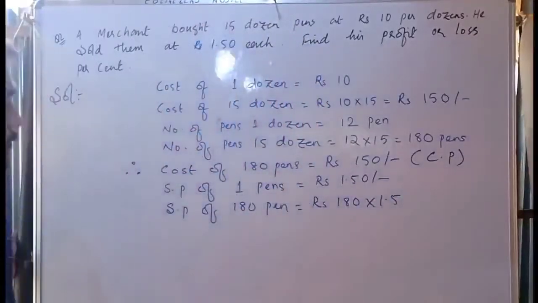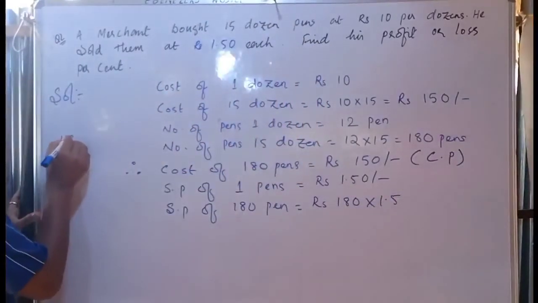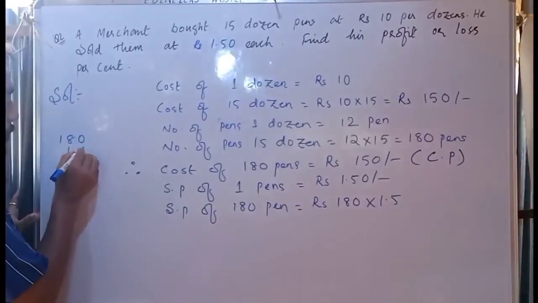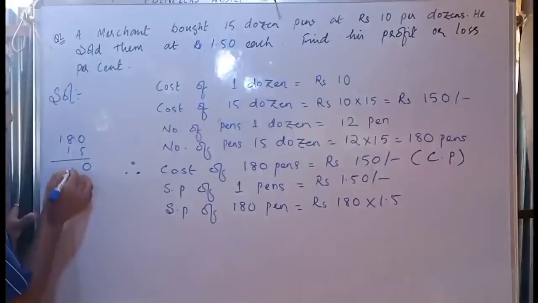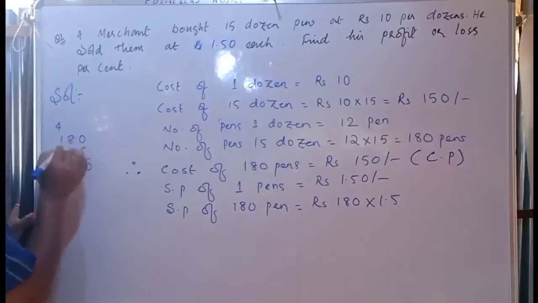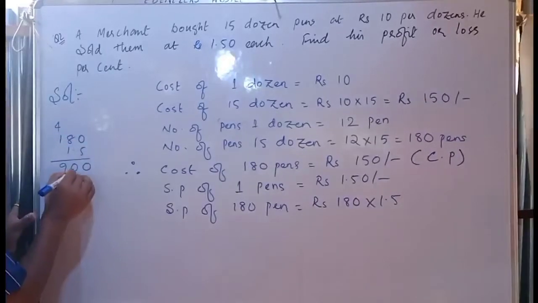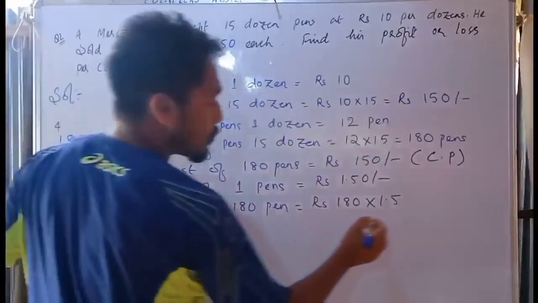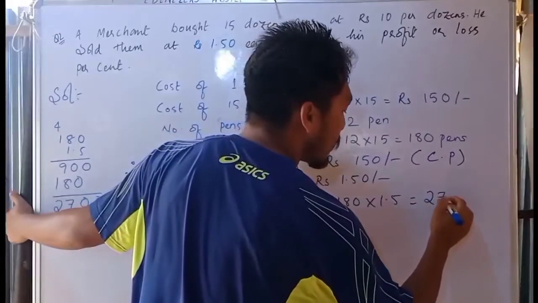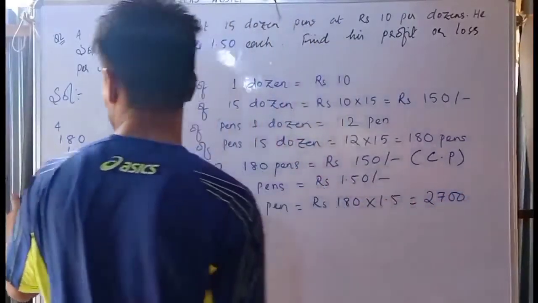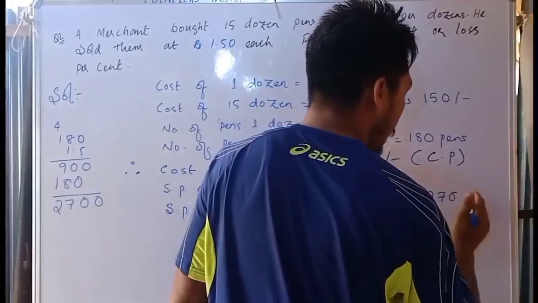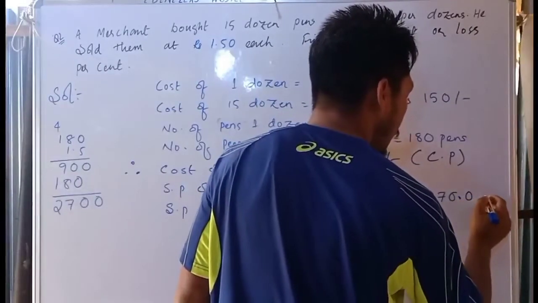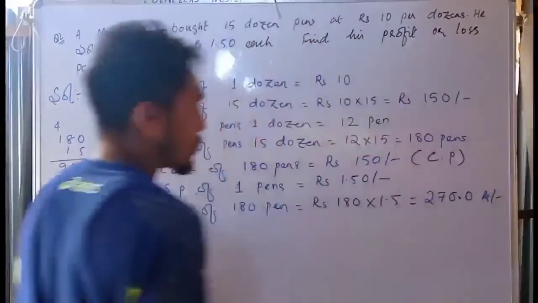If I multiply 180 into 1.5, I get 270.0. So 270 rupees is your selling price.